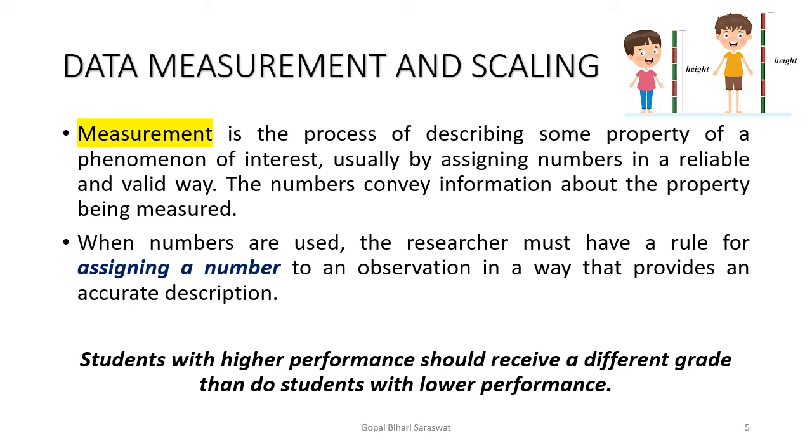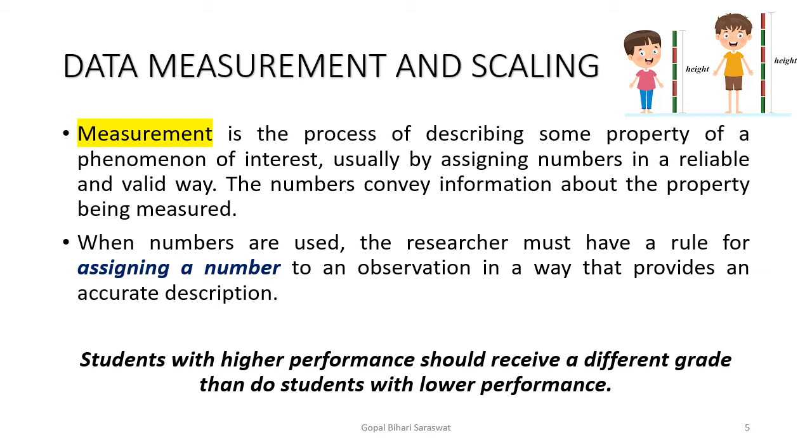When numbers are used, the researcher must have a rule for assigning a number. For example, you want to collect data on gender, male and female. So what you will do is code male as, let's say, 1 and female as 0.